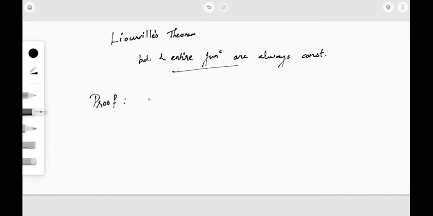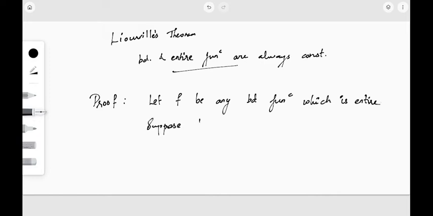For this, let f be any bounded function which is entire. So we are assuming the conditions of the theorem now, and let me suppose that modulus of f(z) is less than or equal to capital M for all z. Now using our Cauchy's inequality, what can we say?